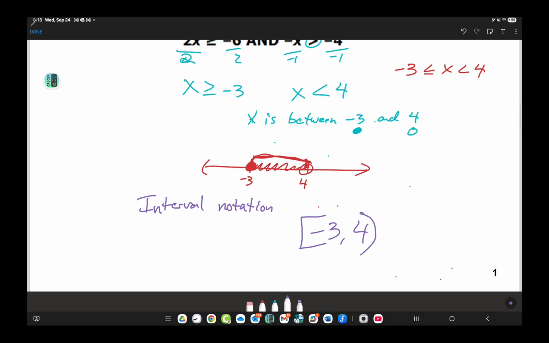That is correct because again, this is equal to, this is not equal to. This is closed dot, this is open dot. If they're both equal to, brackets around both. If they're both not equal to, parentheses around both. So really you just treat them individually. You just look at them each individually.